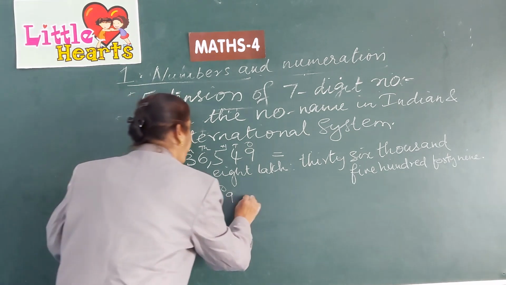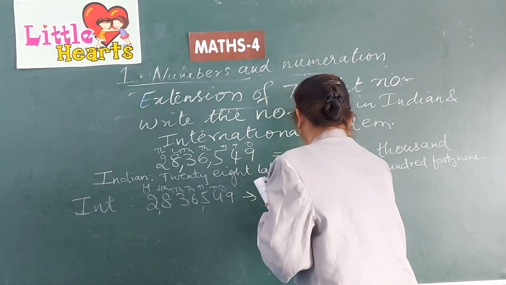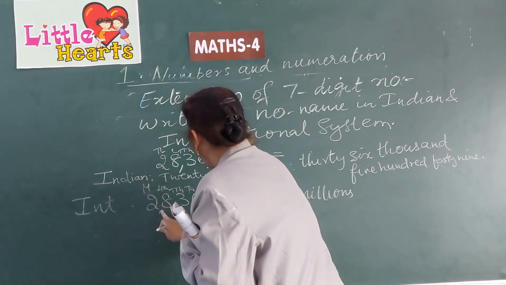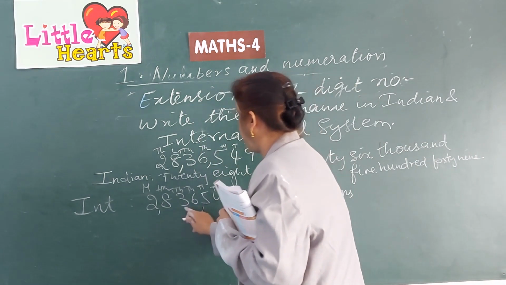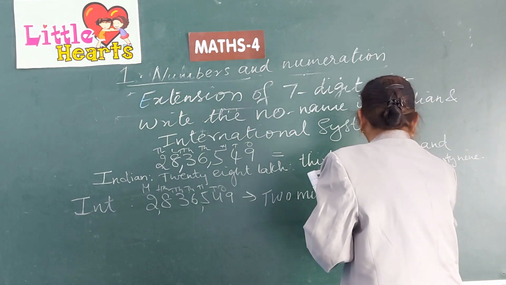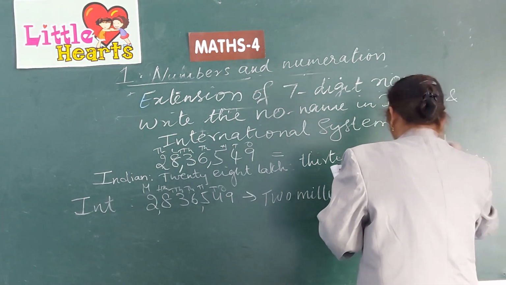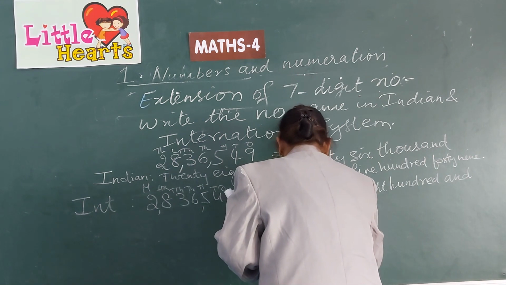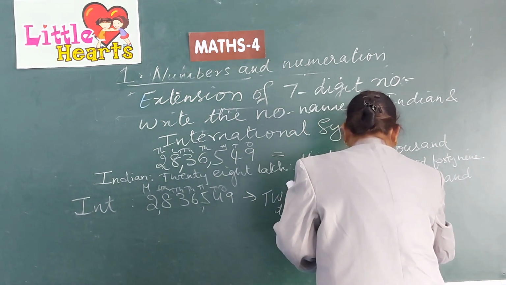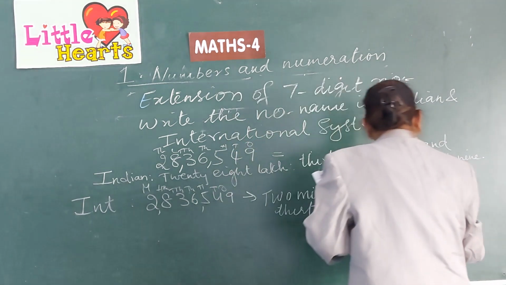So you read it as 2 millions, 836,000. 3 digits in the thousands period. 836,000 549.